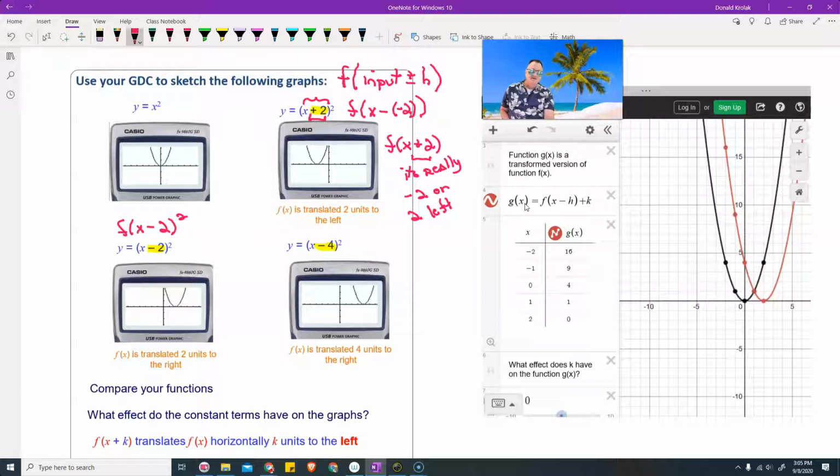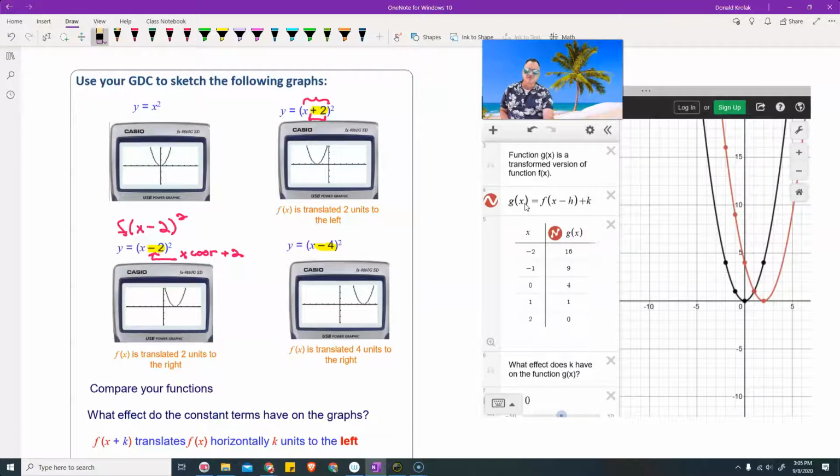So that's why I refer to this as bizarro world. You're going to take the x coordinates and you're going to add 2 to all of them. On this other one, you're going to take the x coordinates and you're going to subtract 2 from all of them. Okay, and the y coordinates now stay the same.